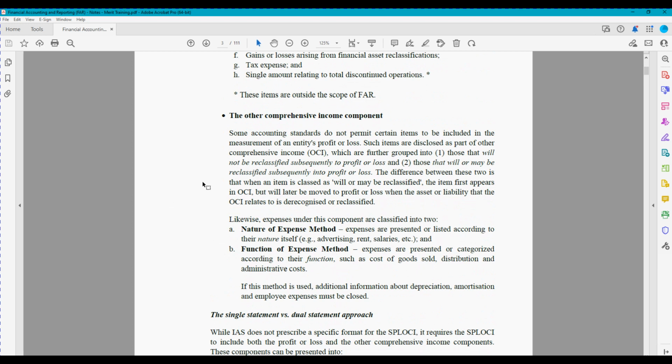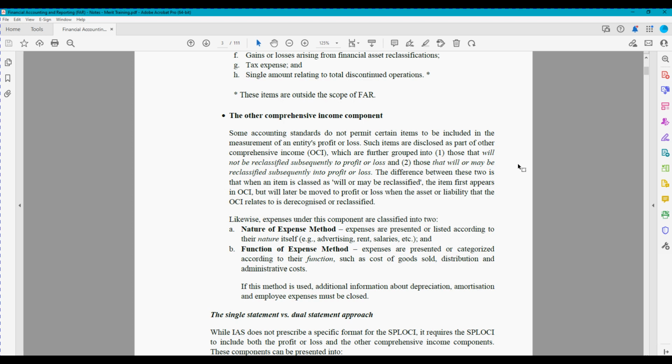For example, how do you split out all the different costs in the business? Like how do you split out advertising and rent and salaries? So do you do it by the actual nature of it, which is how we described it earlier? So what is the actual cost? Like how would you look at that cost individually? If this is Google ad spend, that's obviously going to be advertising, right? So that's going to be the nature of the spend.